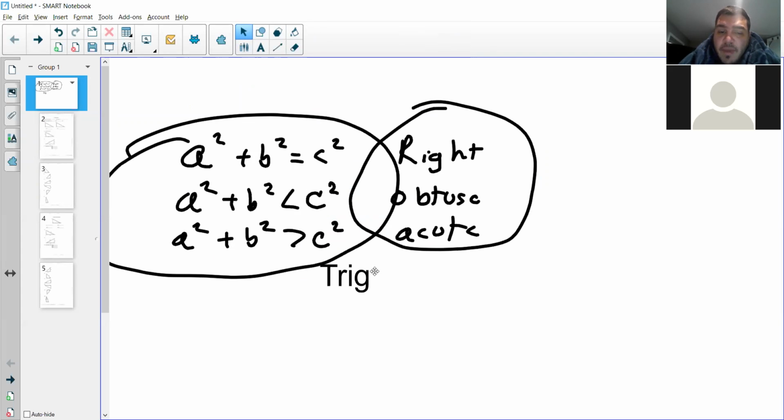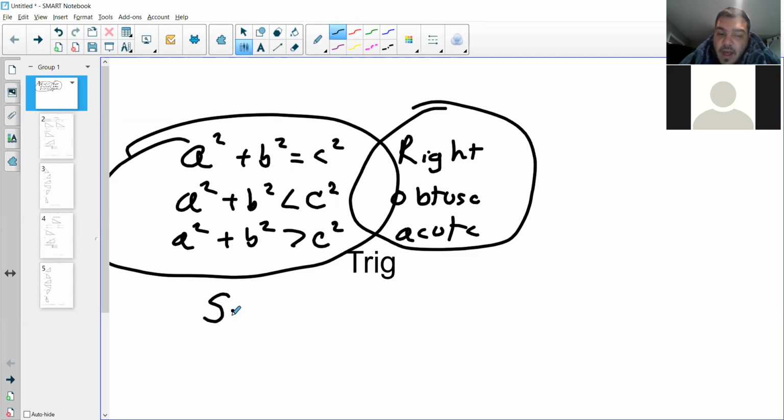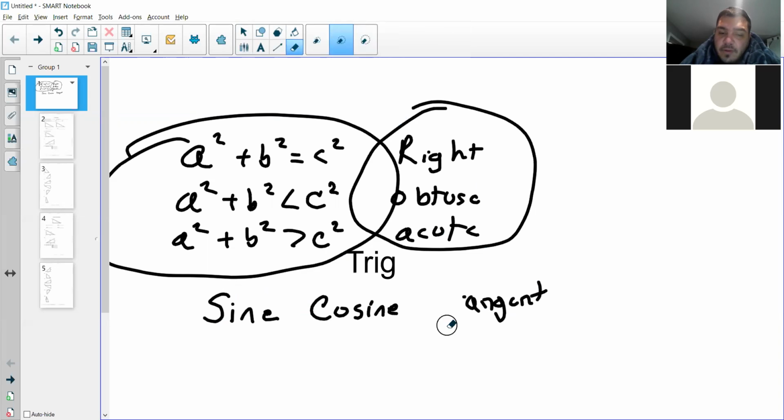And there's three main units of trig: sine, cosine, and tangent. It's capital T. What we're going to talk about today is just tangent, okay?